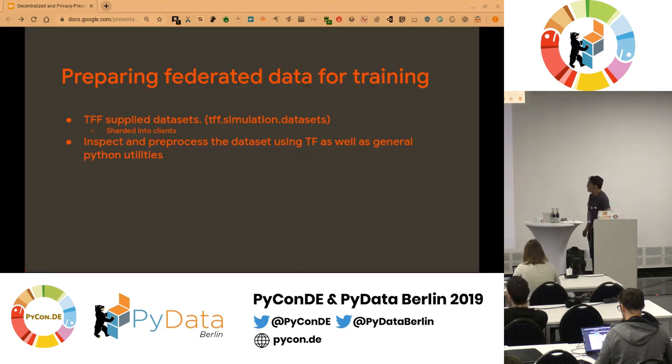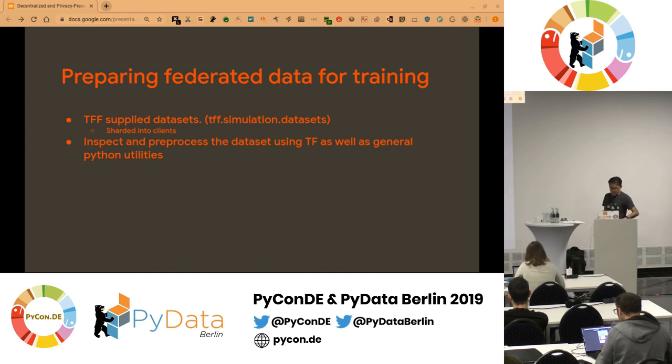All right. So first things first. If you learn federated learning using TFF, the first thing you would want to do is prepare your federated data sets for training. TFF, like I mentioned, supplies some of these data sets. The MNIST data set is supplied by bare TensorFlow.